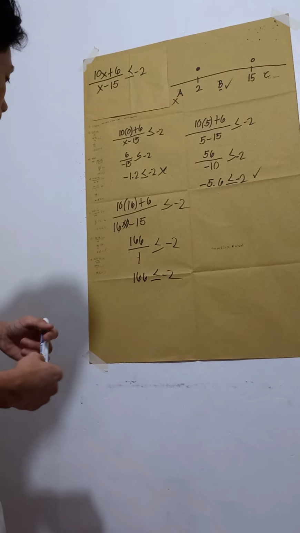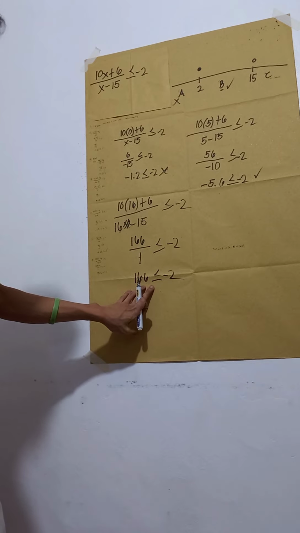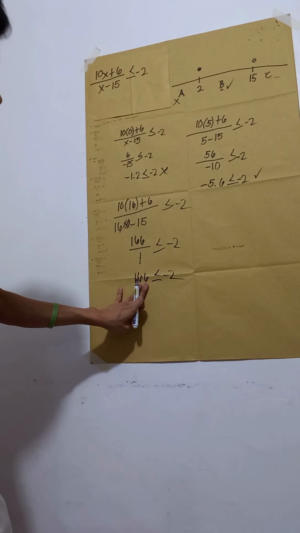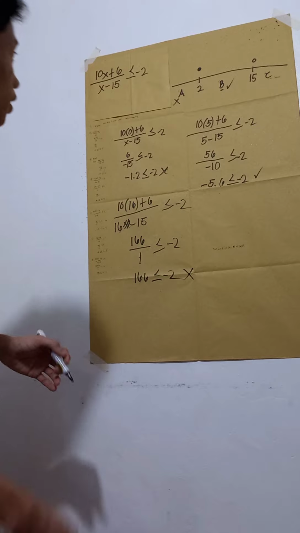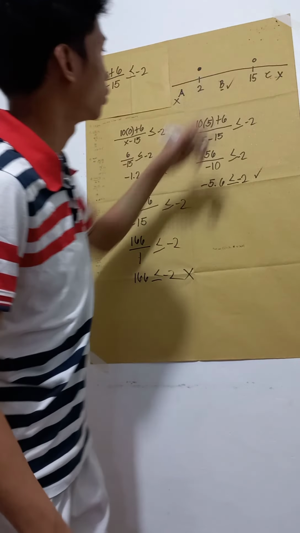As you can see, this rational inequality is wrong, so that would be not a solution. C interval is not a solution.